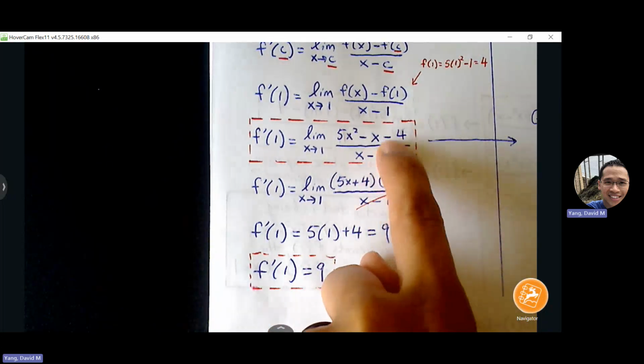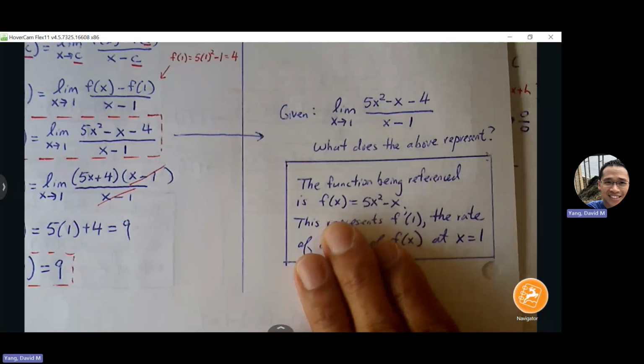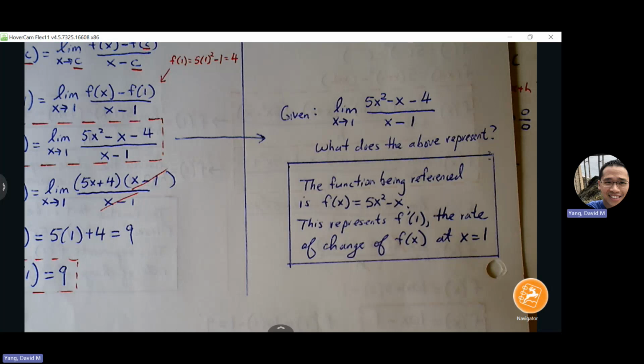This is asking for the derivative of this function at 1. So it's not as hard for us to decipher that, because the alternate definition keeps that numerator a little easier for us to interpret. So we know this function is referencing that 5x squared minus x, and this represents the derivative of this function at 1.